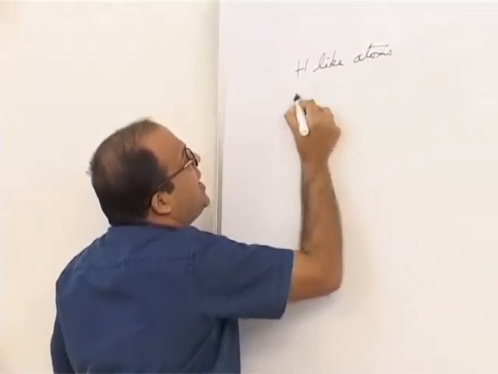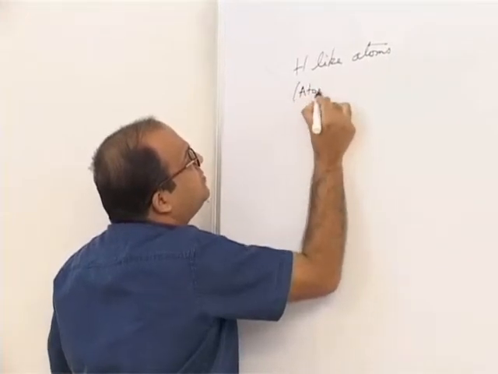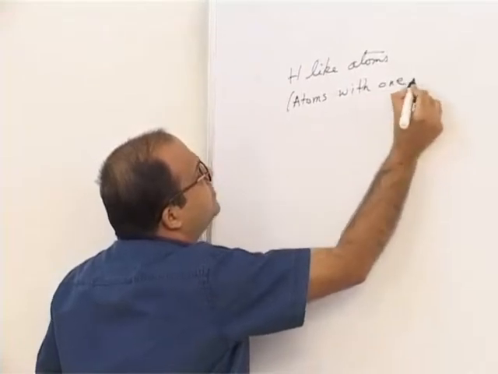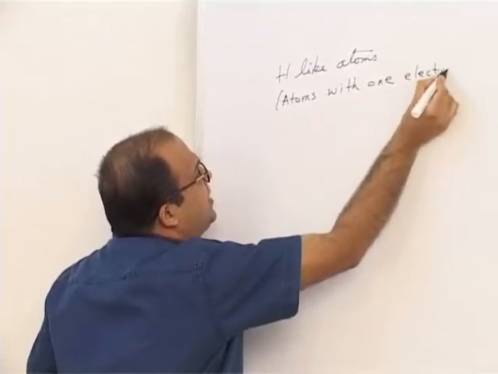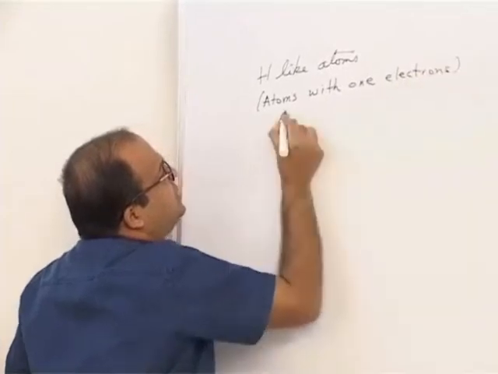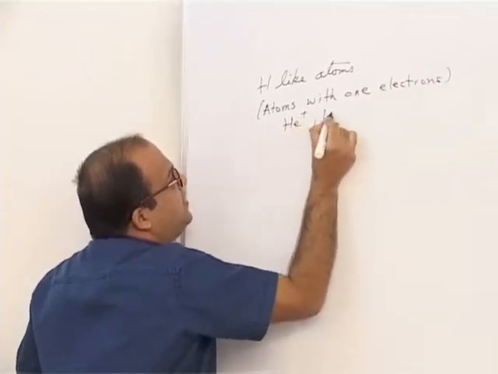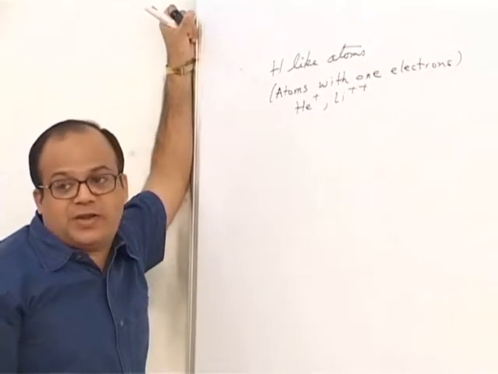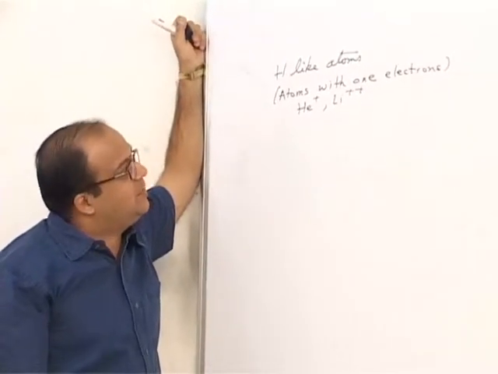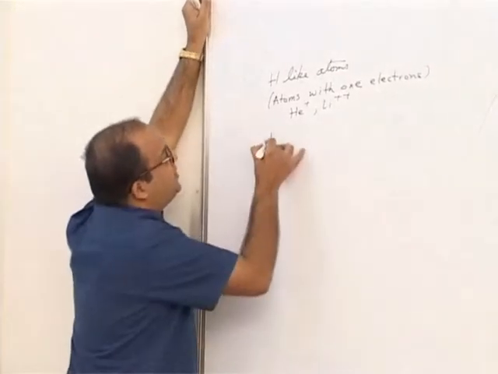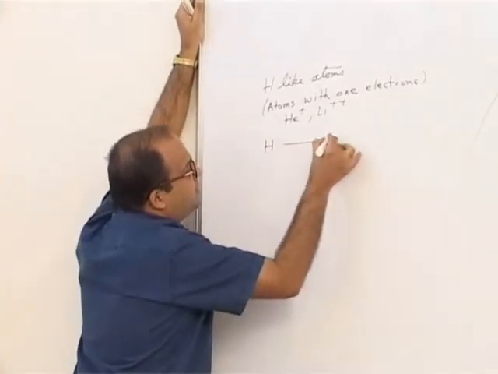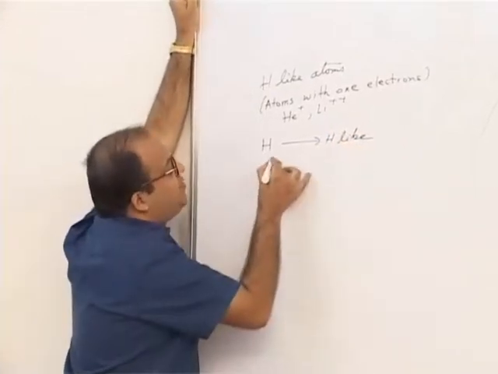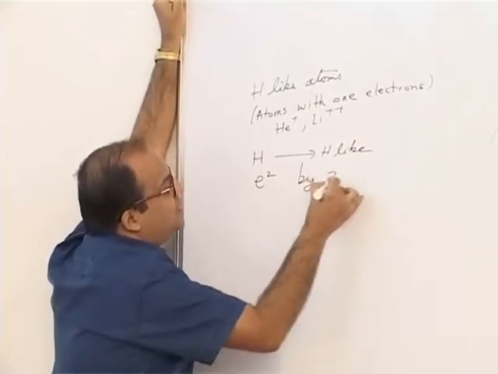Now we talk about hydrogen-like atoms. Hydrogen-like atoms means atoms with one electron. Basically they will be ions. So He plus and Li plus plus are hydrogen-like atoms because they have only one electron. Now to go from hydrogen to hydrogen-like, in all equations replace e square by Ze square.